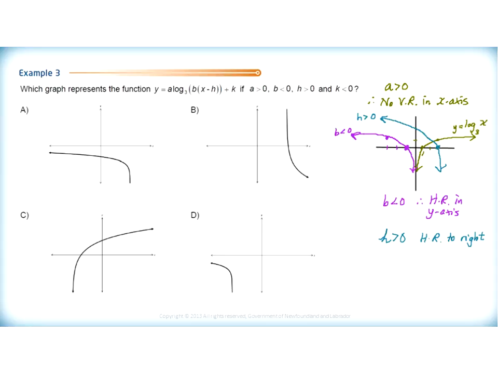And then if k is less than 0, we have a vertical translation downward. So we have to take that graph and move it down. So that's the graph that results when k is less than 0. And this answer corresponds with A as the multiple choice answer. You have to understand what each of the parameters represents and how they affect the base graph of a logarithmic function.